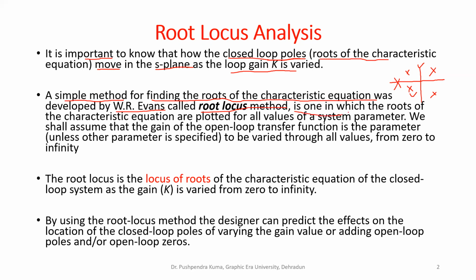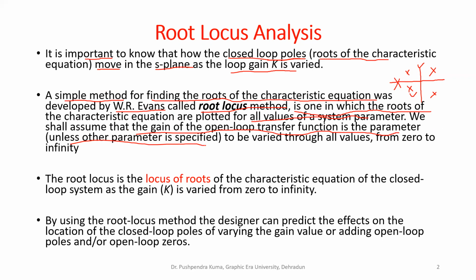In this method, the roots of the characteristic equation, which are in fact the poles, are plotted for all values of a system parameter. That parameter is generally the gain. We shall assume that the gain of the open loop transfer function is that parameter, unless another parameter is specified.